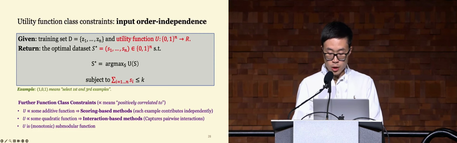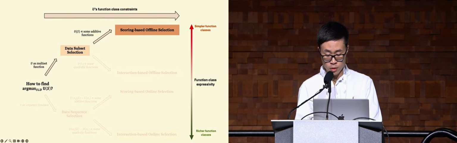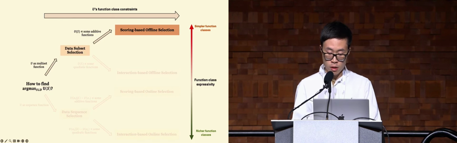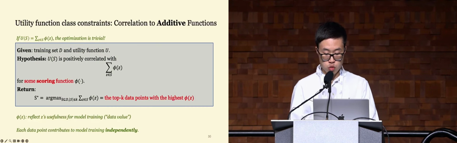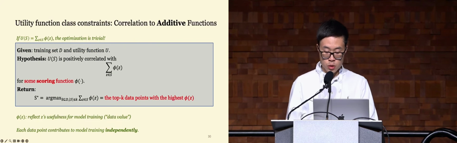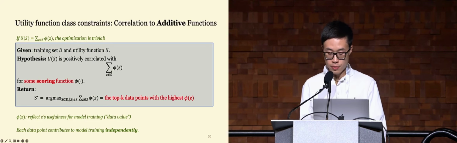This can additionally capture how two data points interact with each other, like being redundant or complementary to each other. Some submodular functions are also popular choices in the literature, as they have elegant provable optimization guarantees by the greedy algorithm. Each of these choices represents different trade-offs between the expressiveness of the function class and the computational tractability.